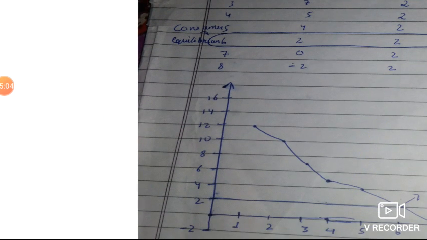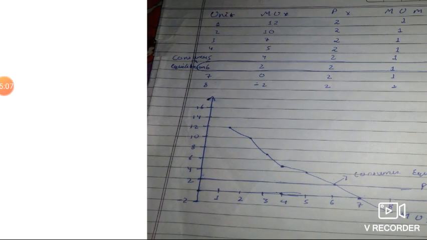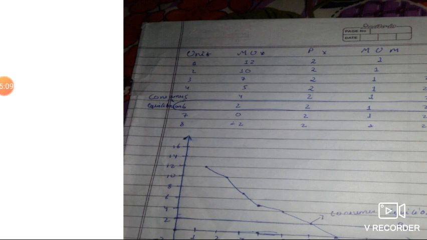Now if you make this graph, you will see one pattern. The MUX obtained from each unit of the commodity is diminishing because the law of diminishing marginal utility is applicable. With each and every unit the consumer consumes, the utility obtained from it goes on decreasing. Second, the price per unit remains constant, which you will find at rupees 2.